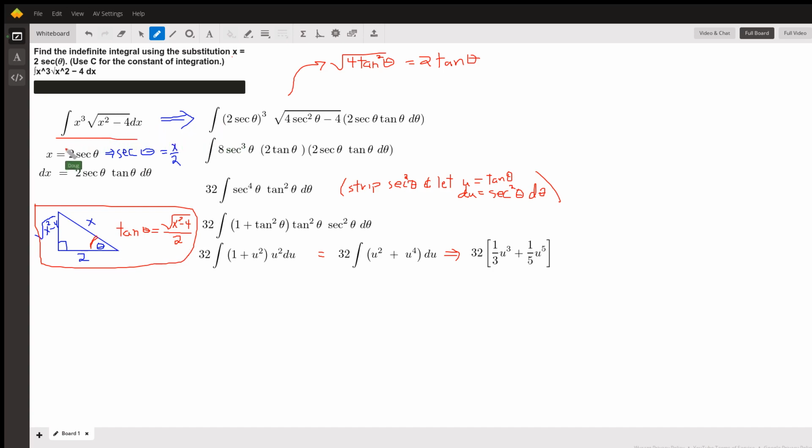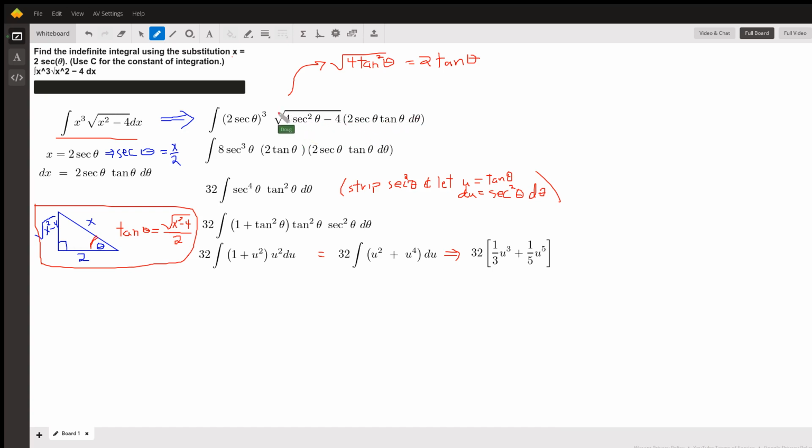x cubed would be 2 secant theta, the quantity cubed. Under the radical, we have x squared, which would be 4 secant squared theta, and then we still have this minus 4. And then dx is 2 secant theta tangent theta d theta.